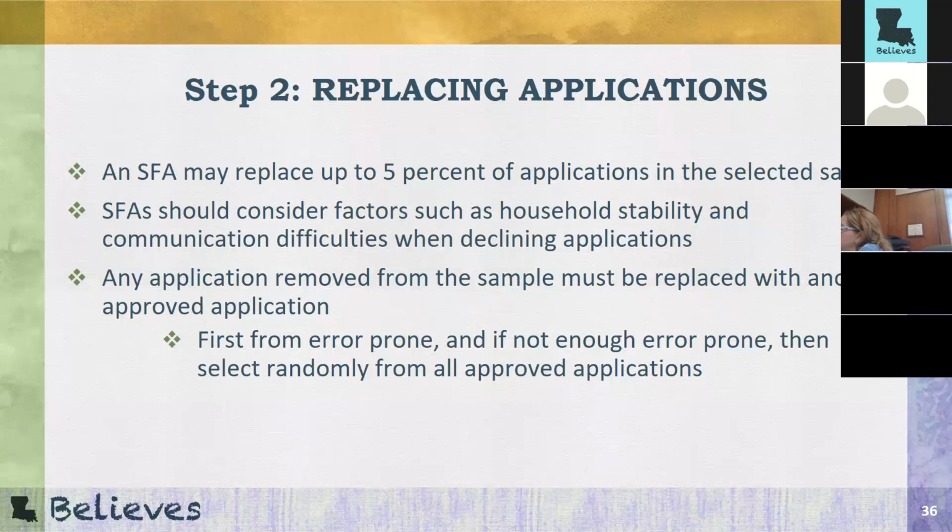Then the application should be included in field 5-5, the number of applications being selected for verification on the FNS 742, and indicate the number of these applications that are being converted to direct certification in the remarks portion.